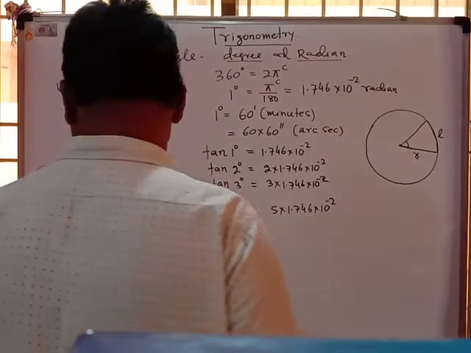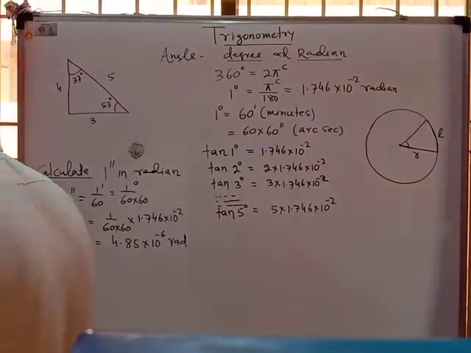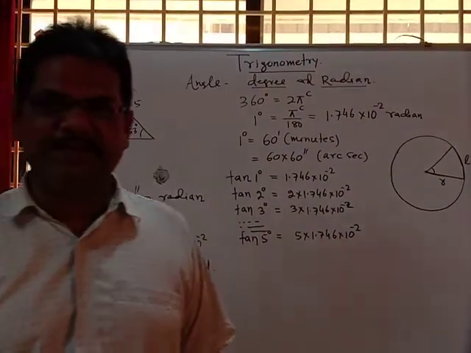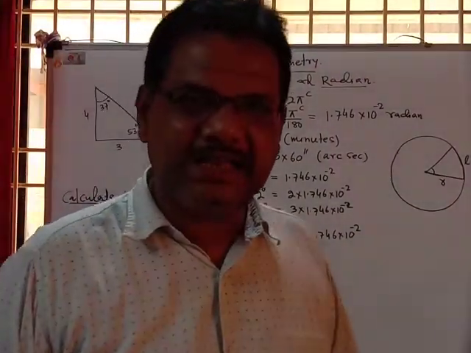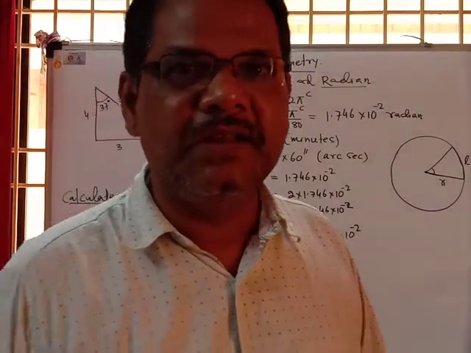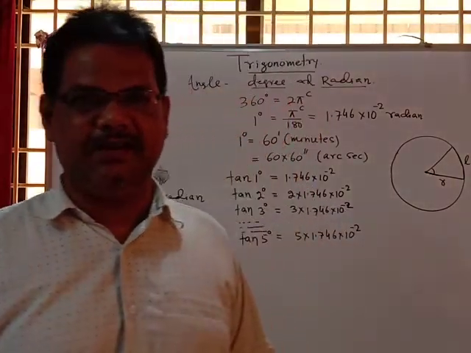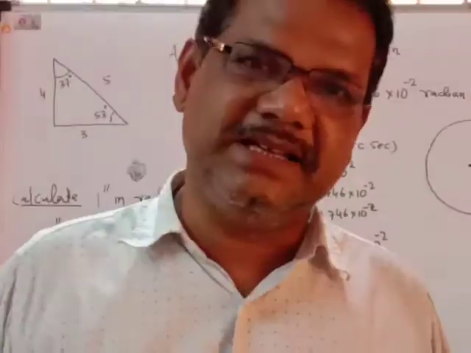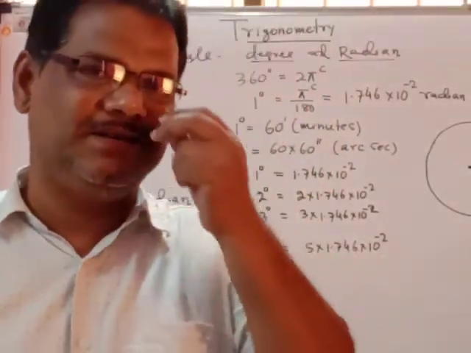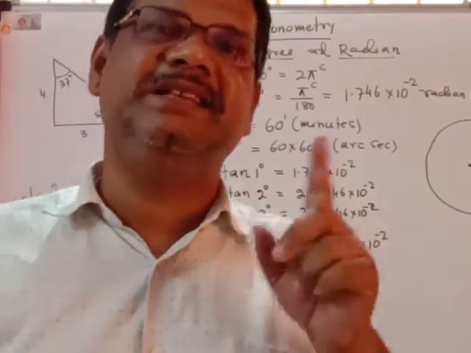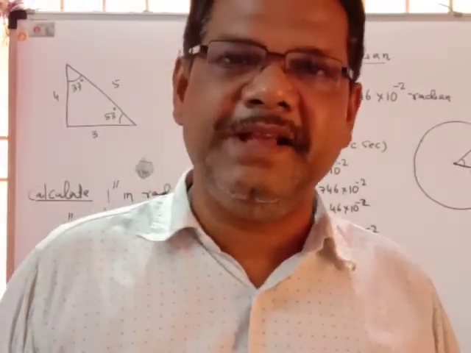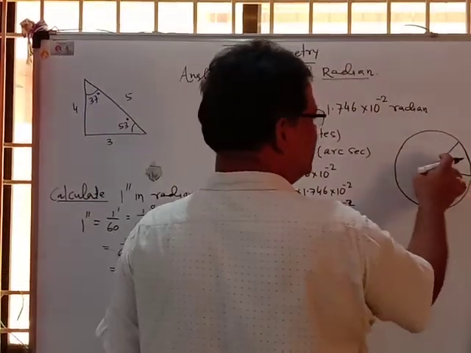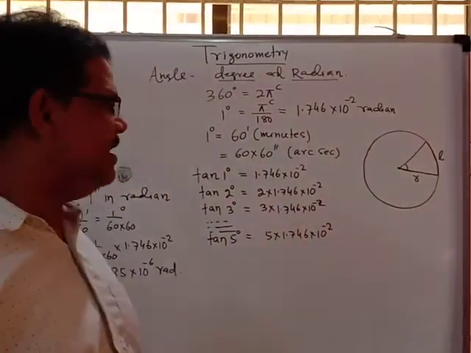So 1 radian is the angle subtended at the center of a circle by an arc which is equal to the radius of the circle. Means if L is equal to R, whatever angle is formed is called the radian.